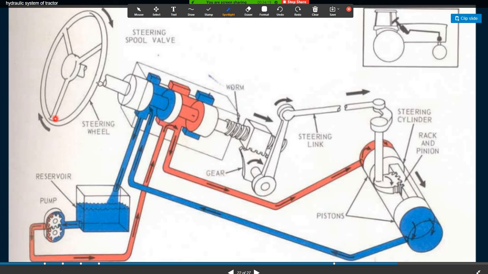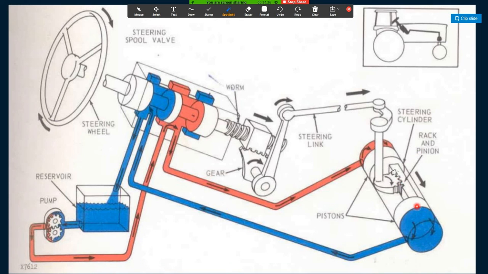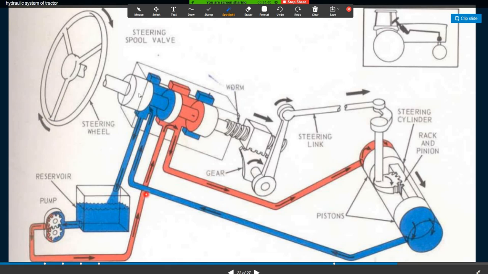When we rotate the steering wheel, we operate the control valve and the flow goes to one side, and the pressure increases on that side. The rack and pinion and steering cylinder are attached here, so the cylinder moves to one side and increases the pressure, so it rotates the wheel of the tractor with the help of the hydraulic system.